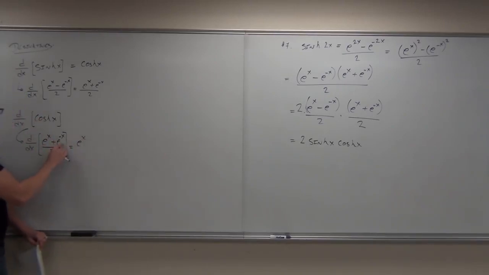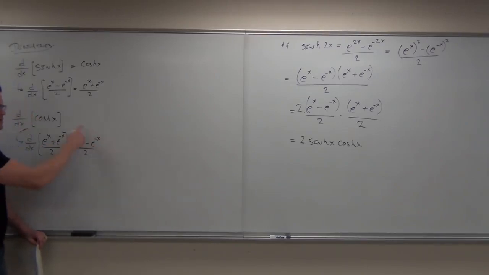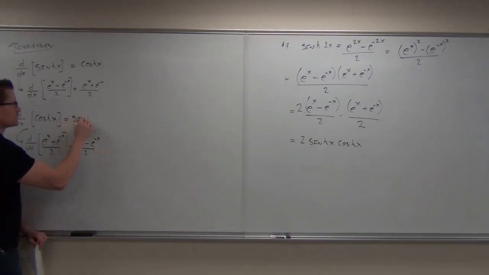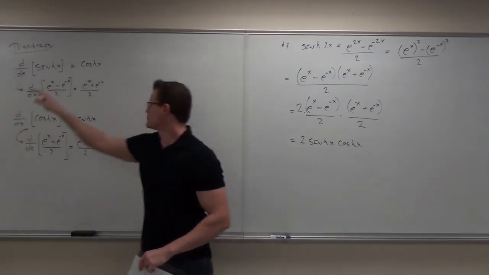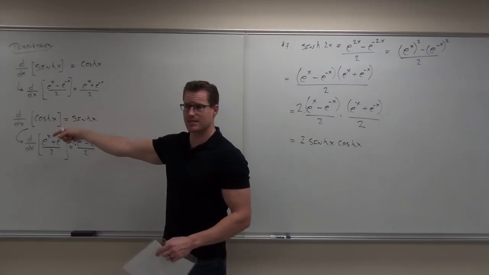Derivative of e to the negative x? E to the x times negative. Times negative, oh, so negative e to the negative x over 2. How much is that? Not negative, it's just sinh. Do you see it? So this one, just like regular trig functions. This one, not so much because we don't have the negative, but still the idea is very similar.